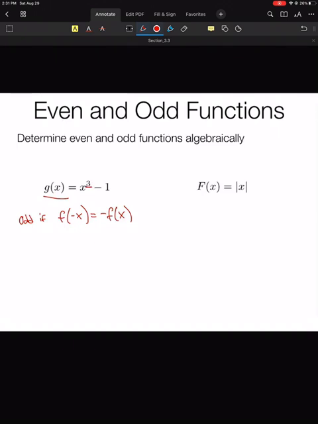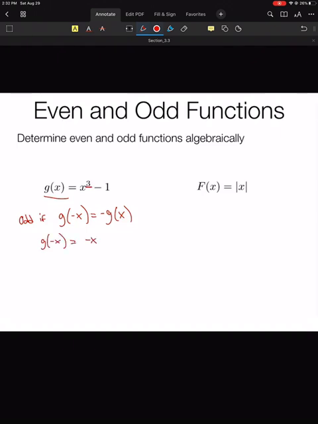So let's see if that is true. I'm sorry, this says f, but that can be easily changed to g. Same thing. So what is g of negative x?